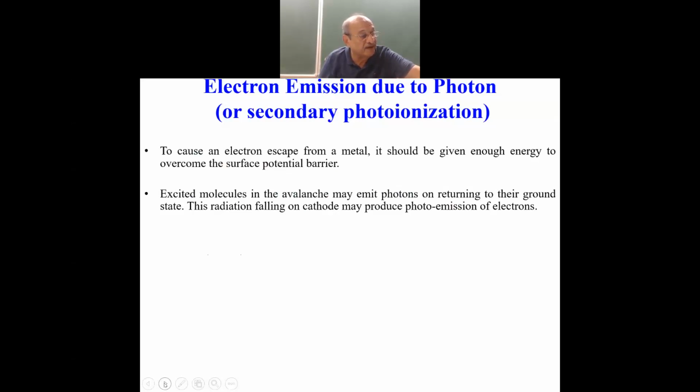I think we can make a break here, and in the next lecture we will talk about the development of the electron avalanche. Electron avalanche, as I mentioned right in the beginning of this lecture, is a very systematic growth of the ionization process, in the form of an avalanche.